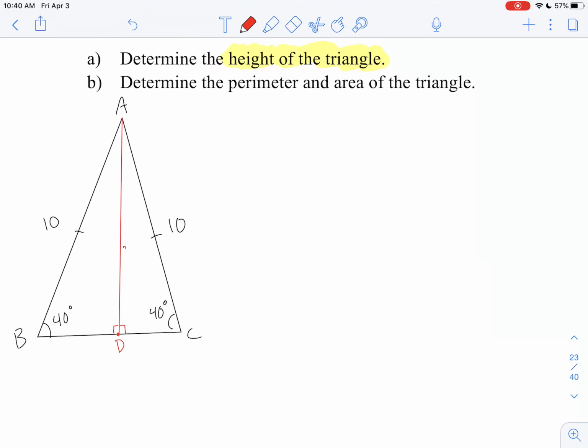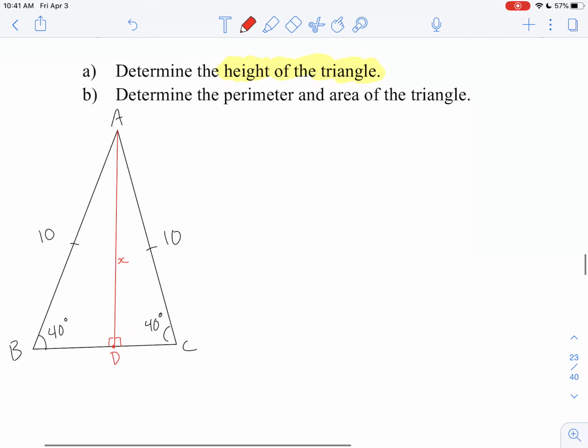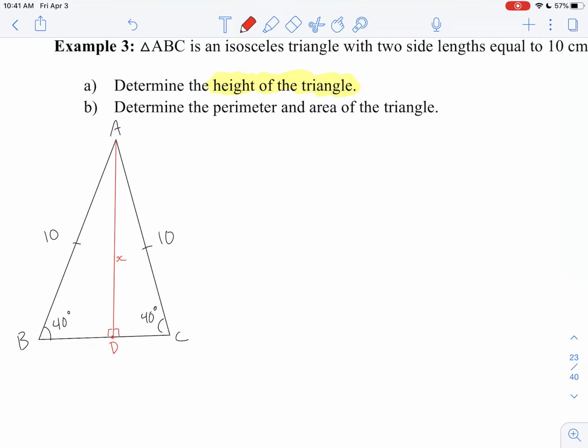And they're saying, what is the height of this red line? So what is x, that distance going up there? We've got a couple different ways to solve for this one, solving for the height of a triangle. I'm going to look at triangle ABD, so the triangle on the right-hand side. So if I'm looking at triangle ABD, I'm going to say that my theta is 40 degrees.